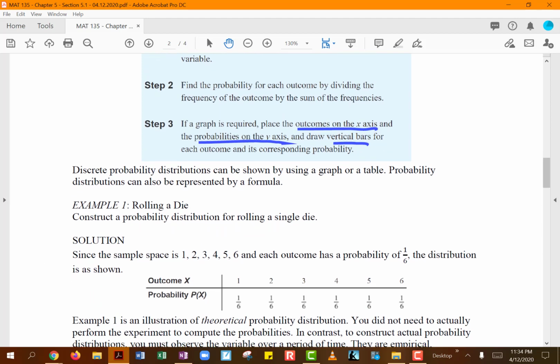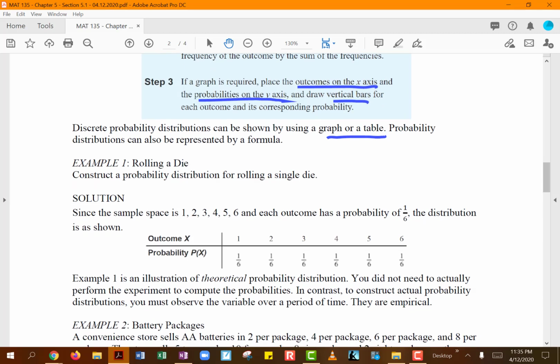Kind of like we did with our bar graph, or you can even think of histograms. You're using that same concept here. Okay, so again, you can either use a graph or a table to show your probability distributions here.